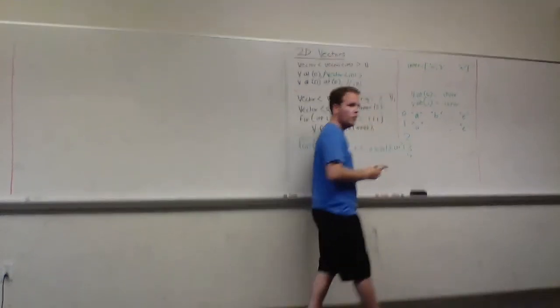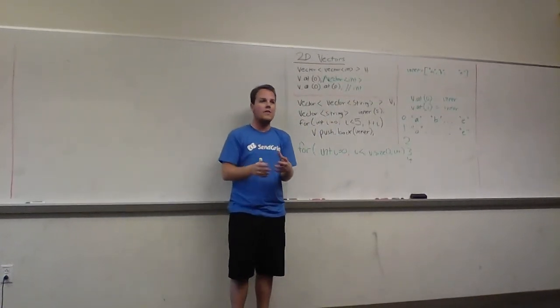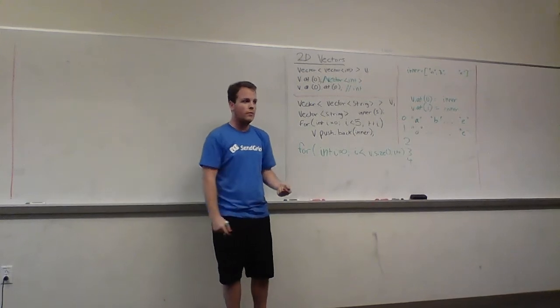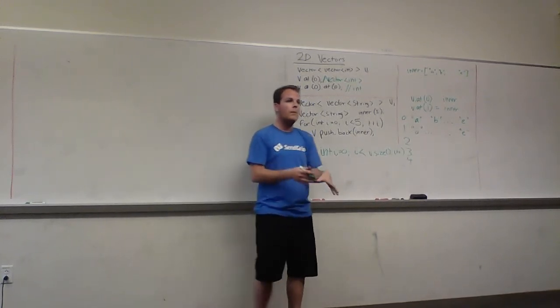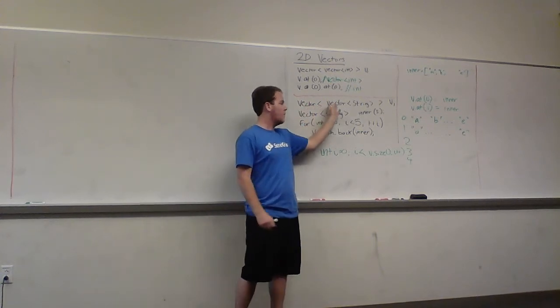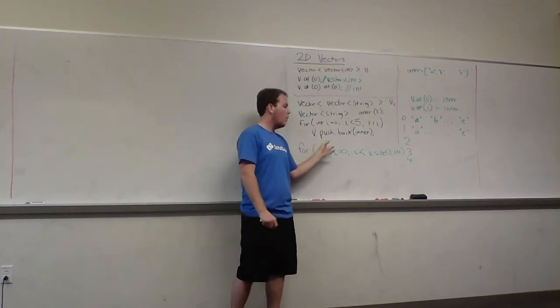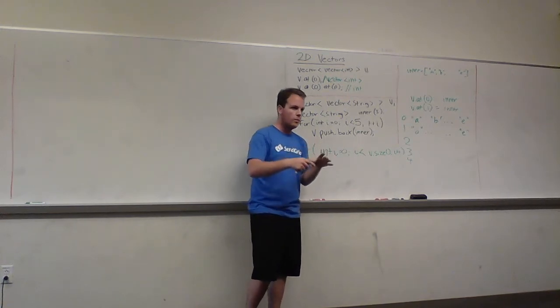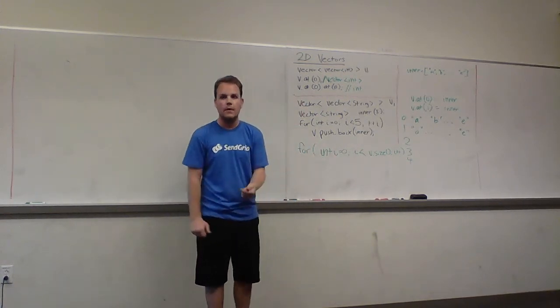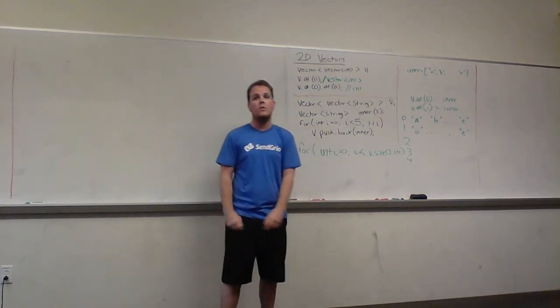Every time this loop runs, it's going to give us a vector of strings to work with. So we've broken down the problem into a smaller piece, because this is kind of hard to think about if you're new to it. We're going to go through a vector of strings every single time, and now that we're at the vector of strings level, we know how to use every single one of those.